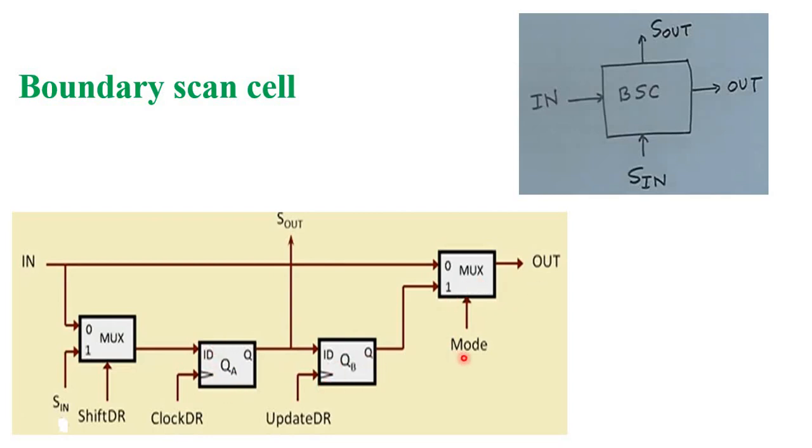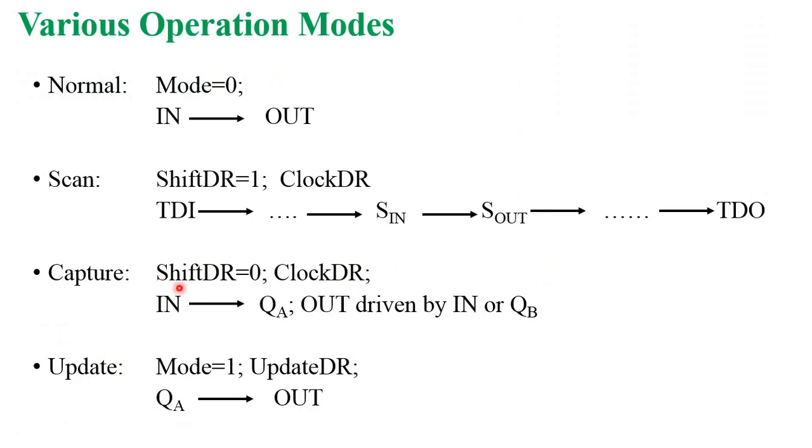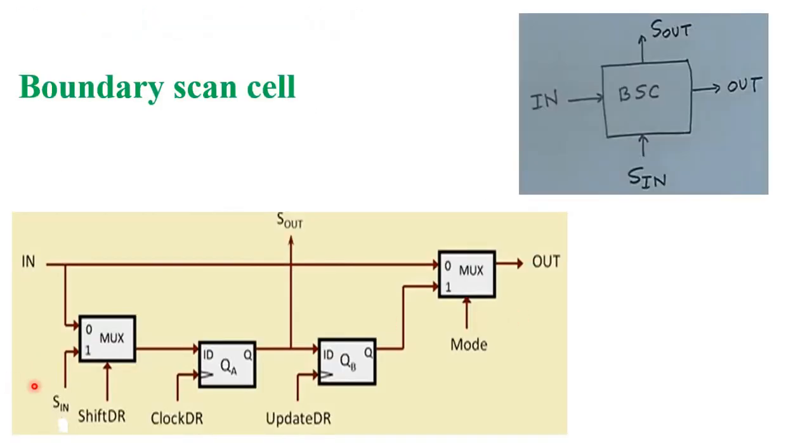If the mode of operation is equal to 1, this data is sent to the outside. That is the capture mode. So in the capture mode, shift DR equals 0, the clock is driven, in is shifted to QA, and out is driven by the in or by QA.